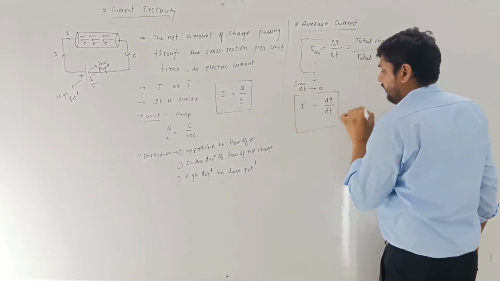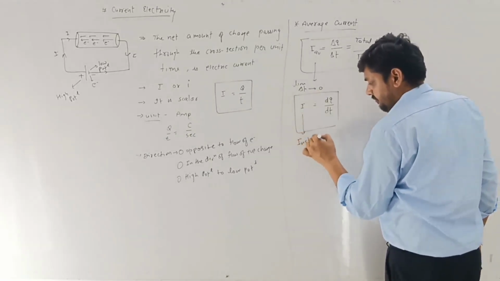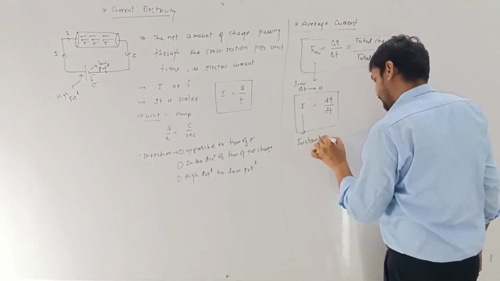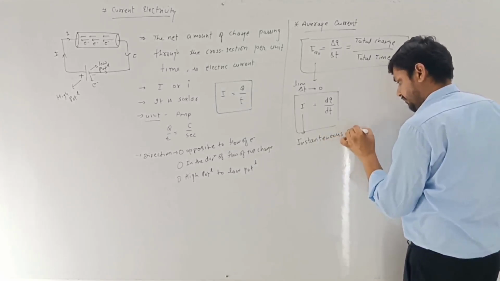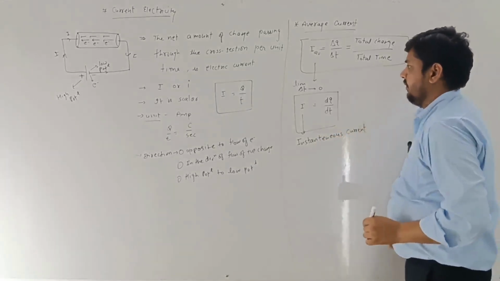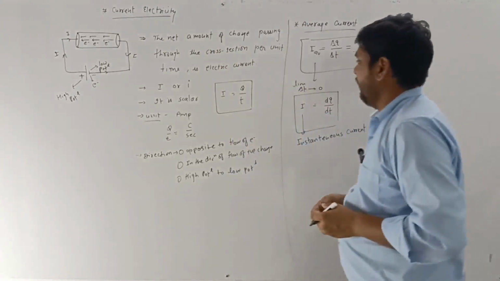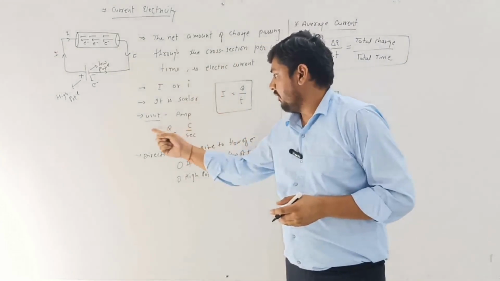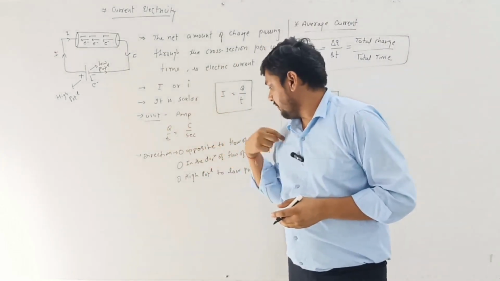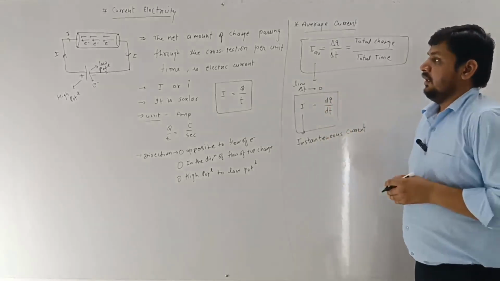This is instantaneous current. So this is the concept of electric current: what it is, the formula, the unit, that it is a scalar quantity, the direction, average current and instantaneous current.